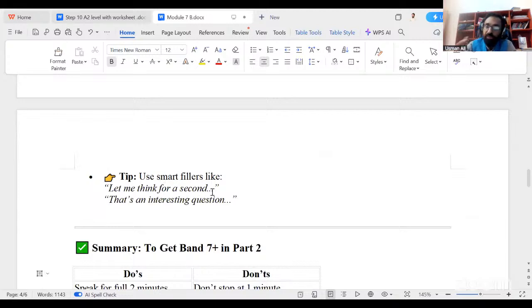Smart filler: let me think for a while. These are smart fillers because you can buy more time. Let me think for a second. Okay, that's an interesting question. These are very small fillers and you can use them wherever the need arises.